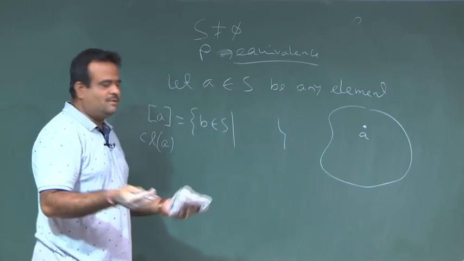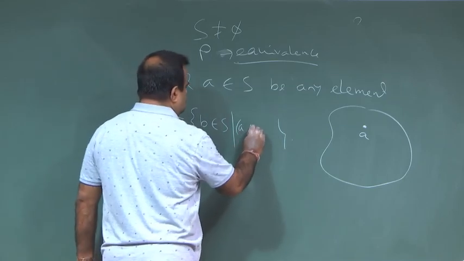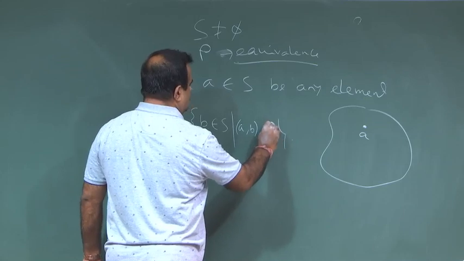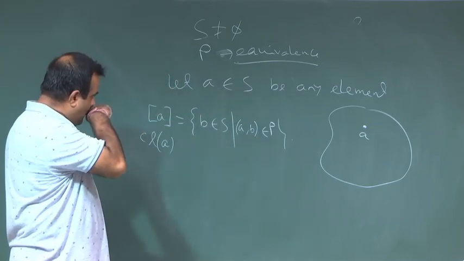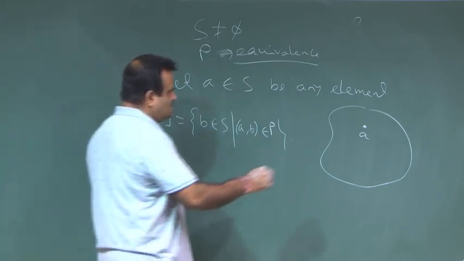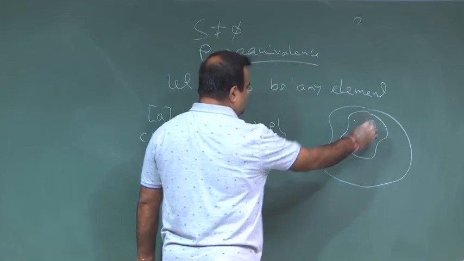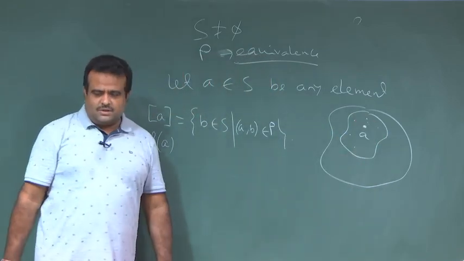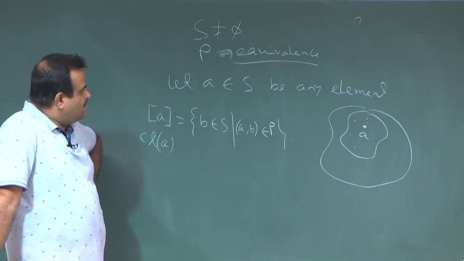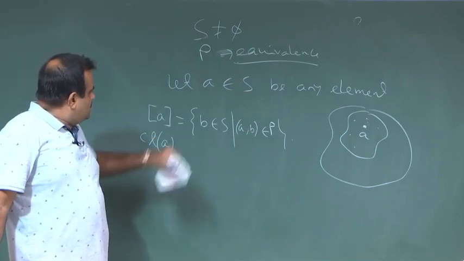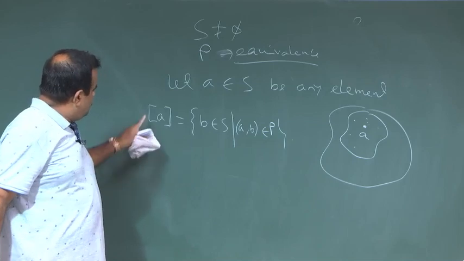So, it is the same as (b, a) belongs to rho. So, this class is the class of all the elements b which are related with a. We follow one notation this way.